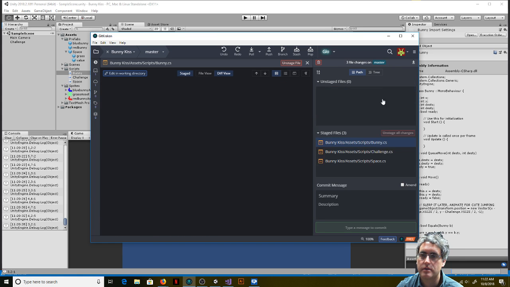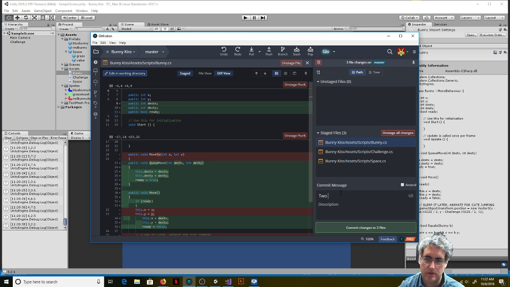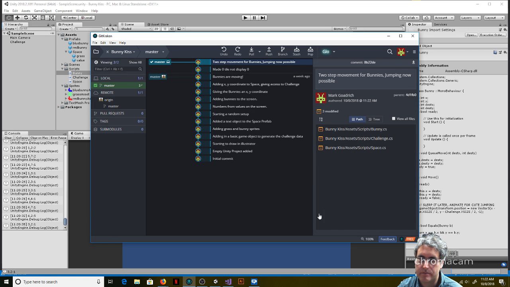And then, yeah, let's stage them all. Step 4 bunnies jumping. Now possible. Great.